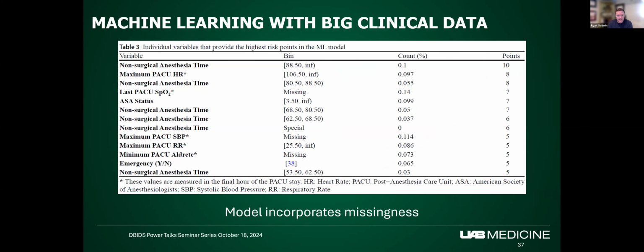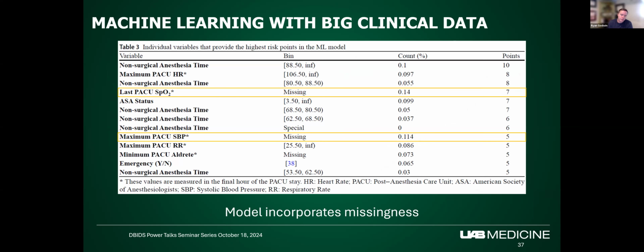And the thing that I find really interesting from this effort, I'll highlight these two elements from the plot here, is that these were missing values that got scored as a large risk factor. So measurement of the last hour SpO2 in the PACU, the post-anesthesia care unit, and then the maximum blood pressure in the last hour before leaving the PACU.